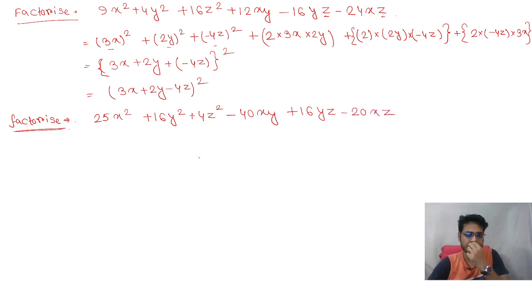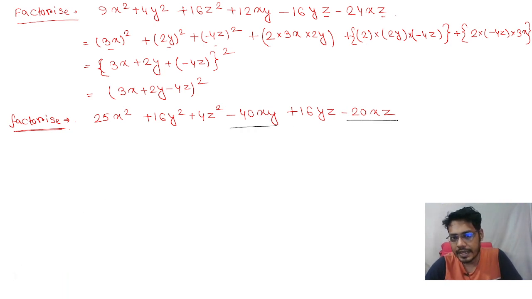Now here if you check, all these places have positive values except minus 40xy and minus 20xz. That means these two are the negative values, and in these two cases which one is common? X is common. So we can say that x is negative.